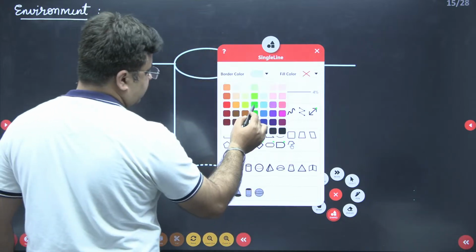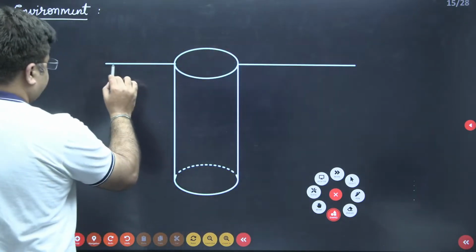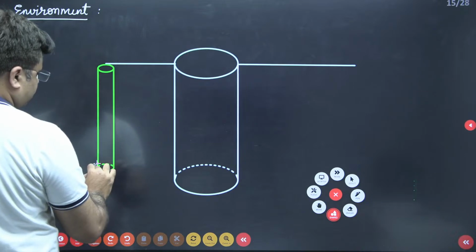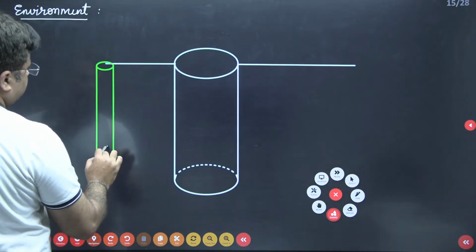And 2 observation wells are there in the vicinity of this main well. This is my first observation well number 1.